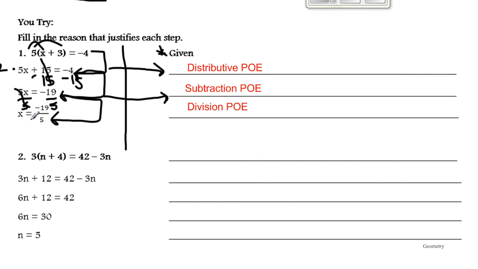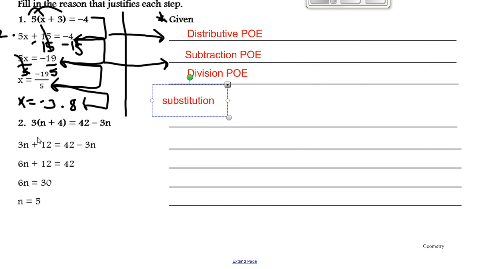If my next step said x equals -3.8, sorry for the sloppiness, to get from here to here would have been the substitution property, because I am substituting this value, -19 divided by 5, for its decimal form, -3.8.